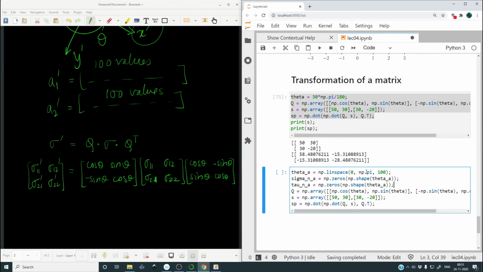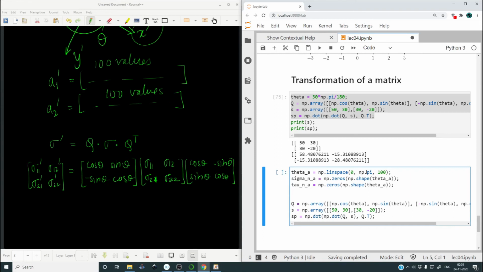Okay, and again we can do the same thing. We can declare everything inside a loop for theta in theta a. So now we must indent these lines because these have to be executed inside a loop, and we must have a loop counter as well. So count equal to 0.